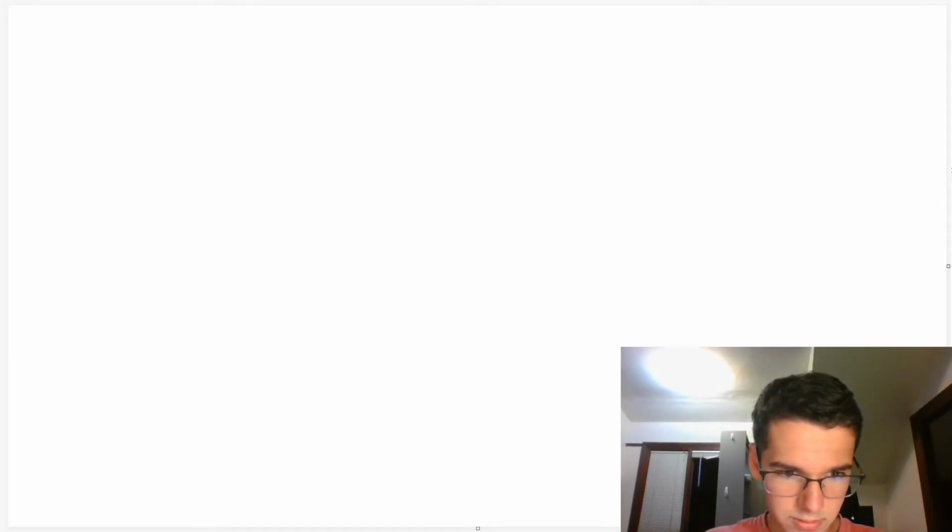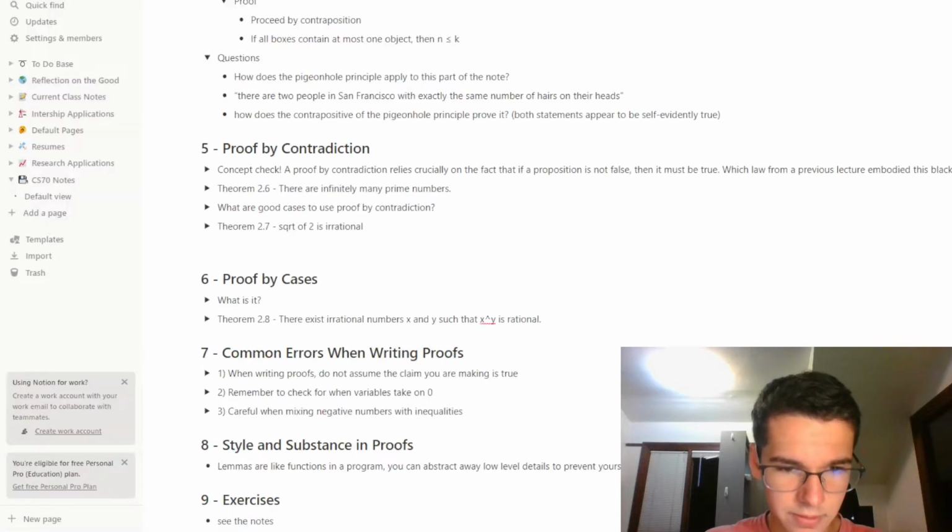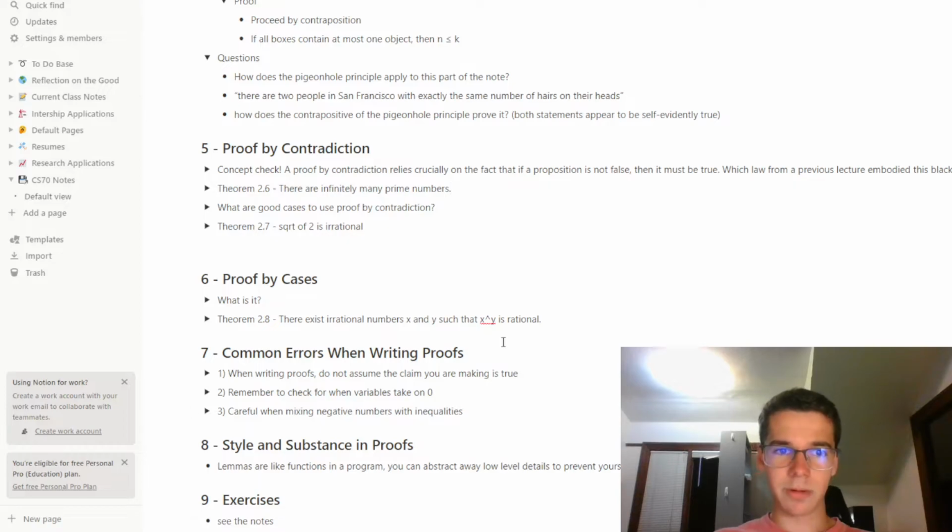Lemmas are extremely useful. You can think of them as functions. You don't really need to know why they work, you just need to know that they will work. So you can just plug them in to skip a whole bunch of steps that you would otherwise have to prove.